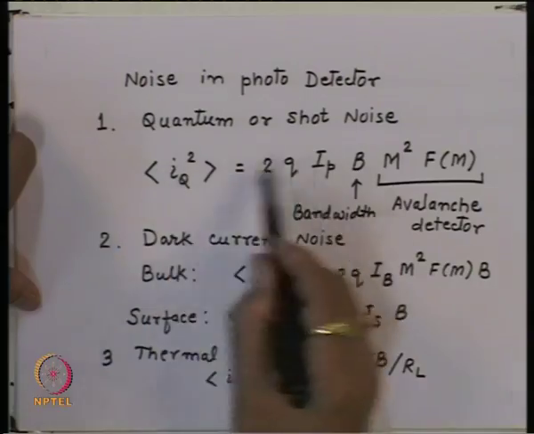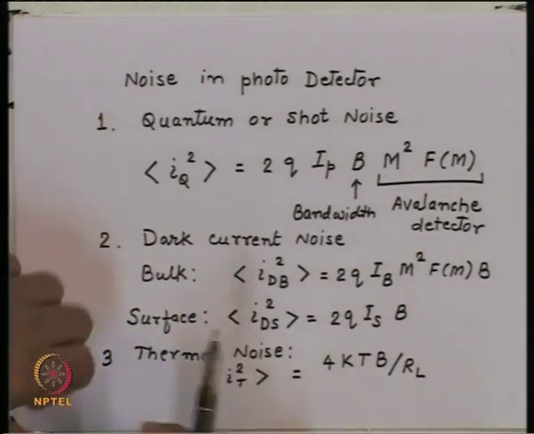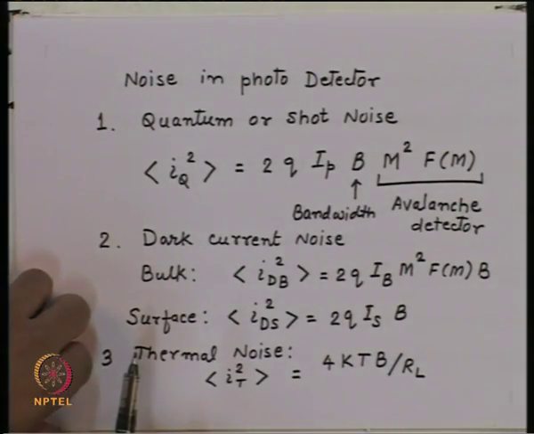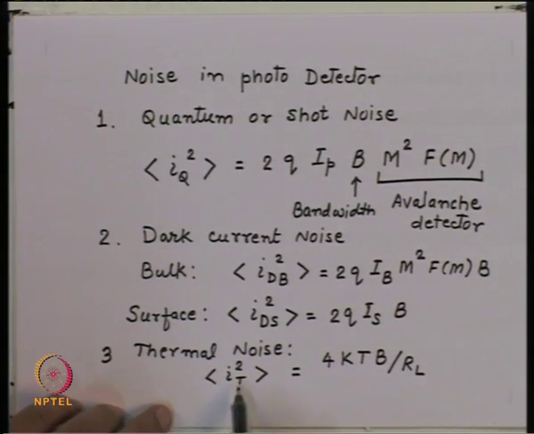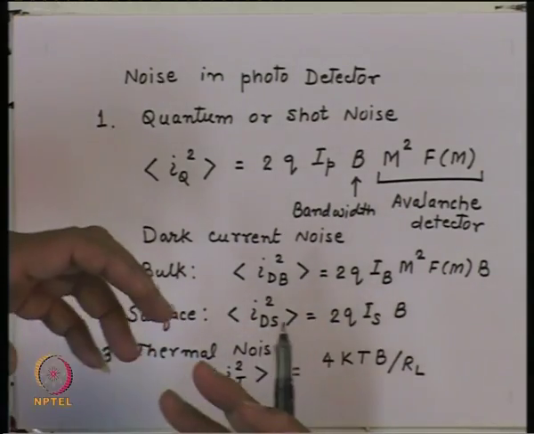So, this noise is a multiplicative kind of noise. Whereas, if I look at the thermal noise here, this is not related to the intensity of the optical signal or the average value of the current. So, this noise is not multiplicative in nature, this noise is essentially additive in nature.